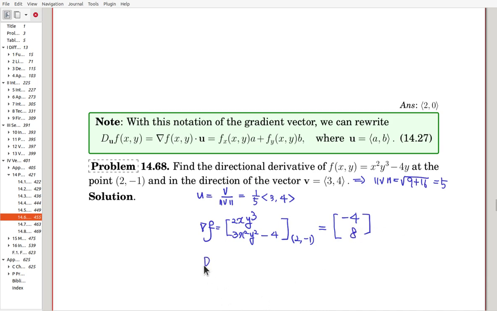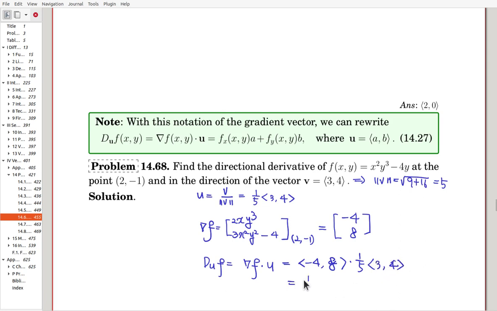So the directional derivative D sub u f is the same as the gradient of f dot u. Okay. So the gradient vector is (-4, 8). And now u vector is 1 over 5 times (3, 4).